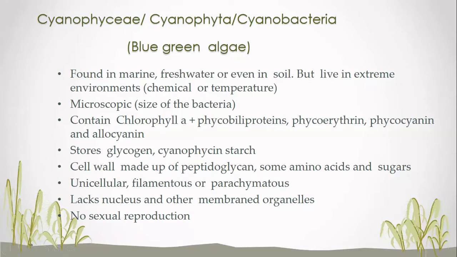The cell wall is made up of peptidoglycan, like what we have in bacteria. Peptidoglycan is also a component found in the bacterial cell wall. Cyanobacteria may be unicellular, filamentous, or parenchymatous. They can group together: either unicellular, as one cell, or grouped forming a colony, with a filamentous appearance, or parenchymatous.